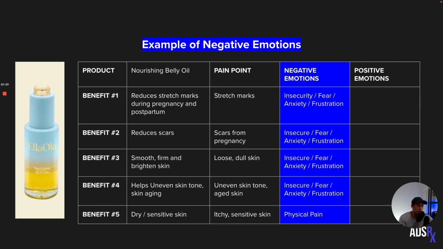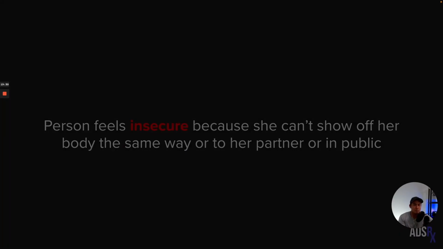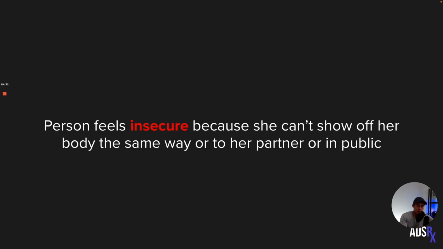So I'm always looking for a solution to resolve that, even though it's something that can never go away. So a person feels insecure because she can't show off her body in the same way or to her partner or in public. All right. That's when you start to dig into the why, okay, why does this person feel insecure? It's because of this reason. She doesn't feel the same. She doesn't feel confident in her body. Okay.